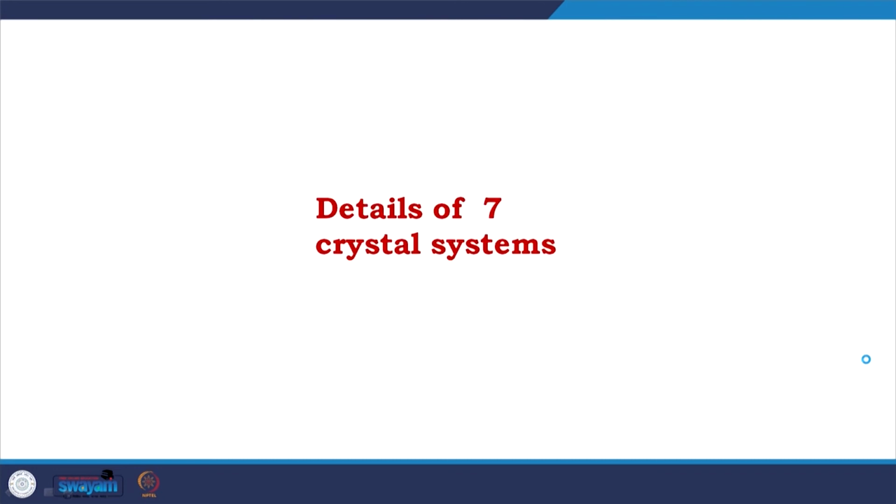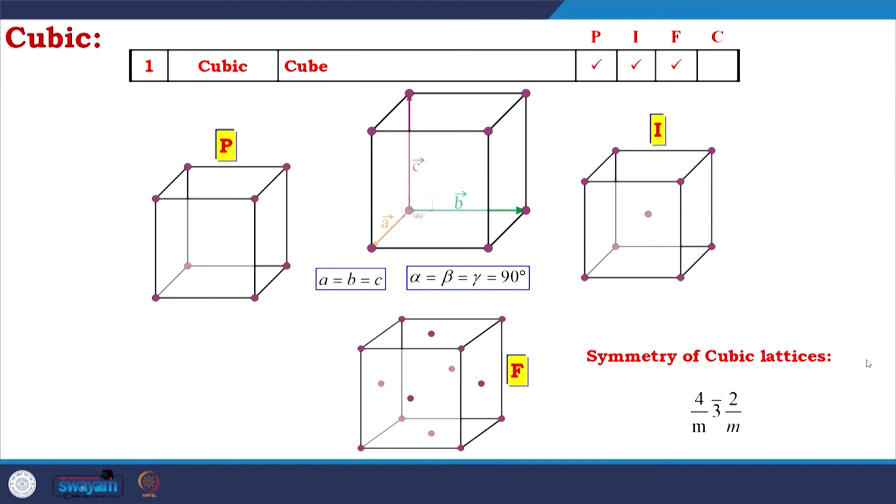Now, looking at the details of the 7 crystal systems we talked about. So, here the cube has primitive, body centered, face centered. The conditions are a equal to b equal to c and alpha equal to beta equal to gamma equal to 90 degrees. So, it is the perfect shape.